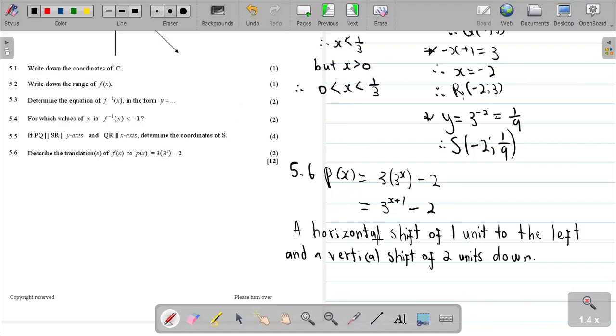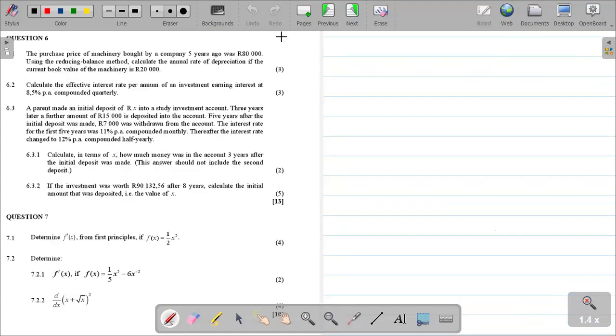Let us go to question 6. Okay, so now let's go to question 6. Now, here what's happening. The purchase price of a machinery bought by a company 5 years ago was 80,000.